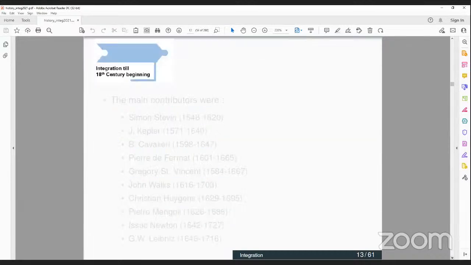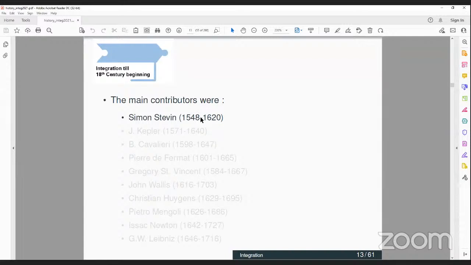Right. So let us come to integration till the beginning of the 18th century. Not much is known about what happened after antiquity for about 1500 or 1600 years.